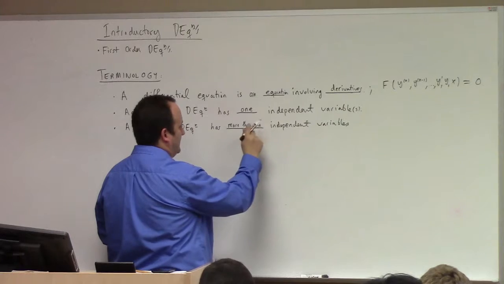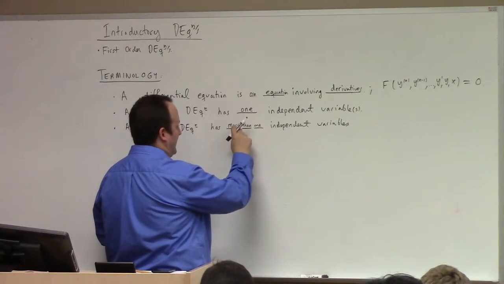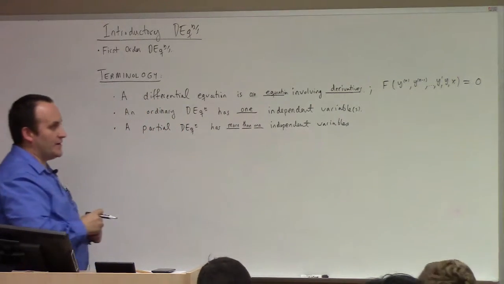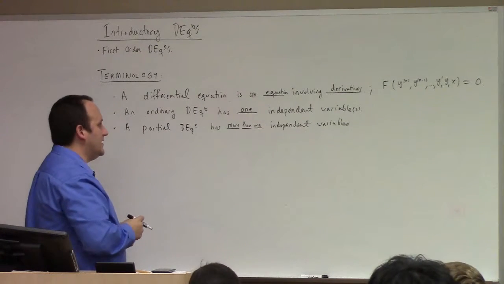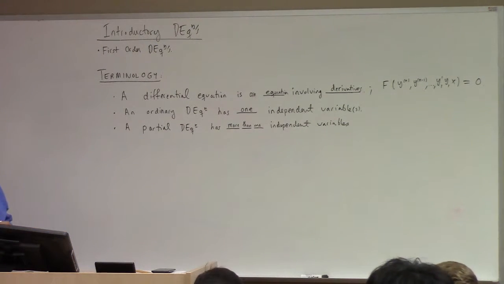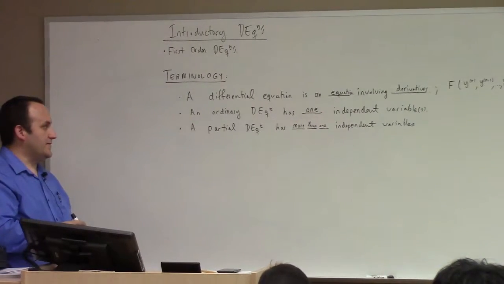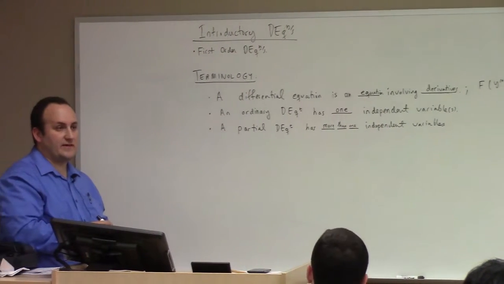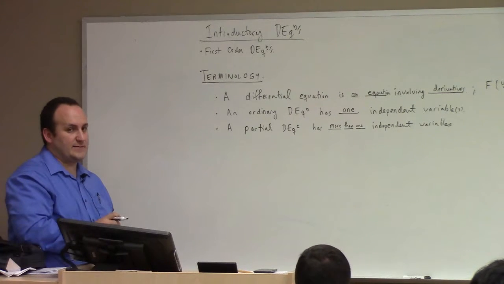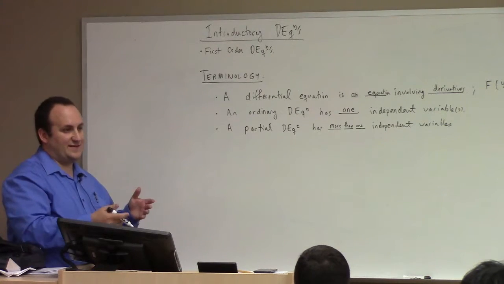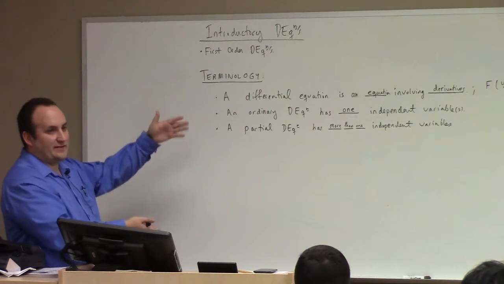Partial differential equations are really important. Ordinary differential equations are really important. Both of these, you can look at systems of differential equations, just like you can look at systems of equations, right? What's a system of equations? It's when you have more than one.